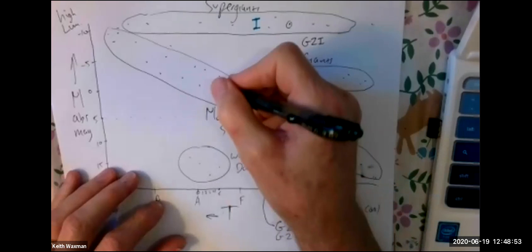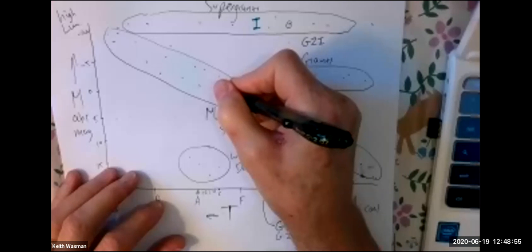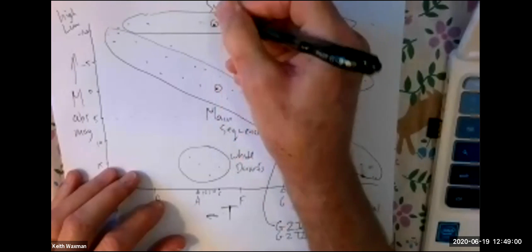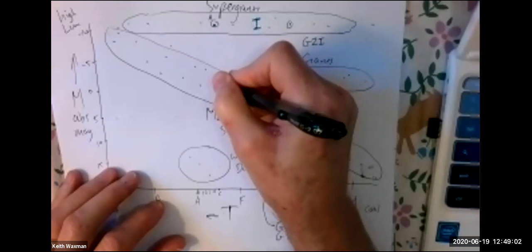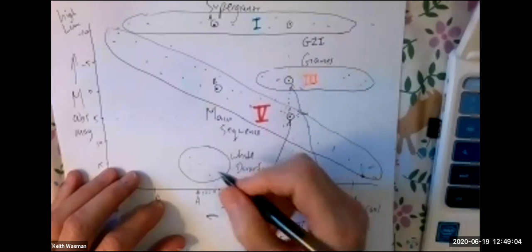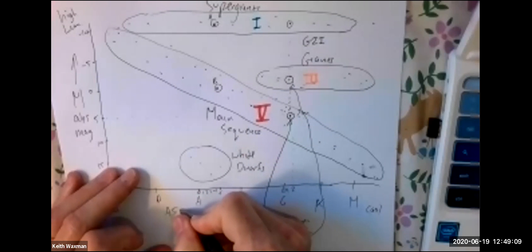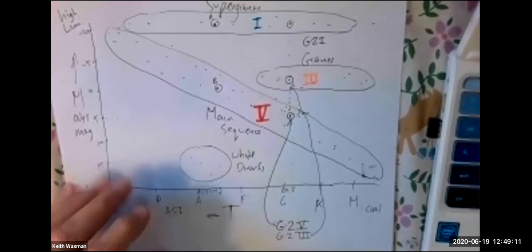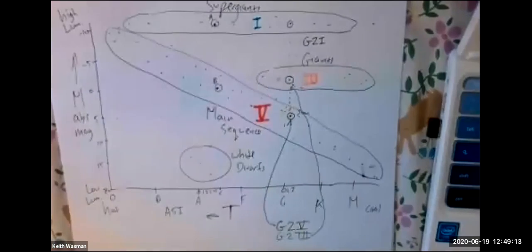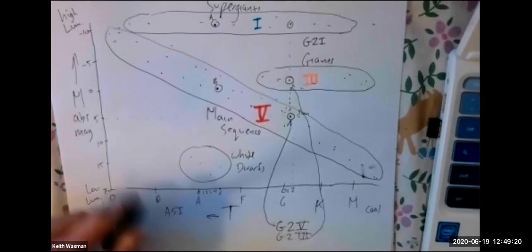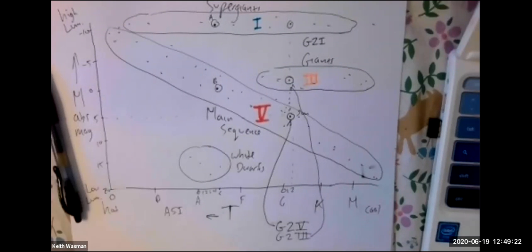I might put a star here and a star right above the A5, like there and there, and say here's star A, here's star B. And I might say, which one would be the A5 luminosity class 1 star? Would that be A or B? Well, if it's A5 luminosity class 1, it would be a supergiant because it's luminosity class 1. So I just want you to be able to see that. All right, so that's luminosity classes.